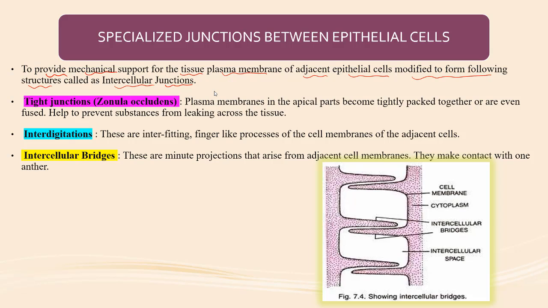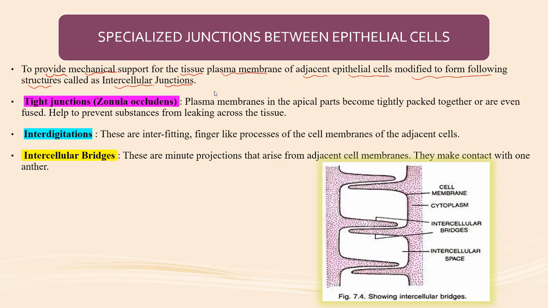So what are intercellular junctions? They are basically modified forms of connection between two adjacent epithelial cells, a modification of the plasma membrane only, to provide mechanical support, better function, and exchange between each other.